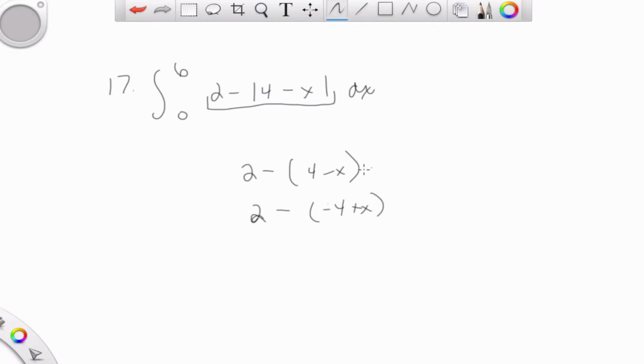So those two turn out to be, if you look at them, this one comes out to be 2 minus 4, which gives me a -2, and as I distribute that, you get a positive x, which is just a linear function, x minus 2. And then this one comes out to be 2 plus 4, so this one comes out to be 6 minus x.